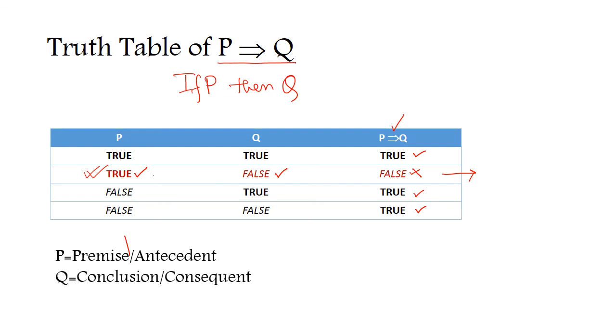In P implies Q, P is the premise and Q is the consequence, or the consequent, we say. So either P is false or Q is true. These are the conditions when P implies Q can be true, otherwise it is false.